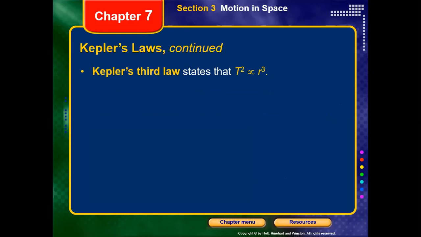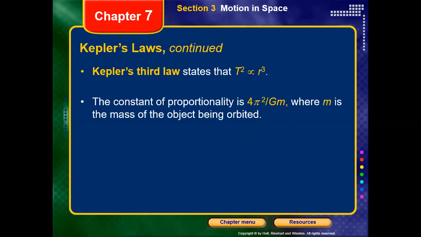And Kepler's third law states that T squared is proportional to r cubed. To remove the proportionality and make it an equation, you must have a constant instead of this sign. The constant he proposed is 4 pi squared over GM, where M is the mass of the object being orbited.